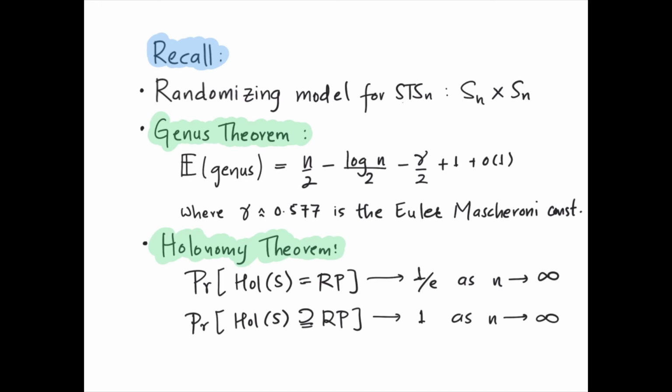In particular, it said that the probability of your surface having exactly the relatively prime vectors of Z2 as its holonomy set goes to 1 over e as n goes to infinity, and the probability of a surface containing the relatively prime vectors as its holonomy set goes to 1 as n goes to infinity.